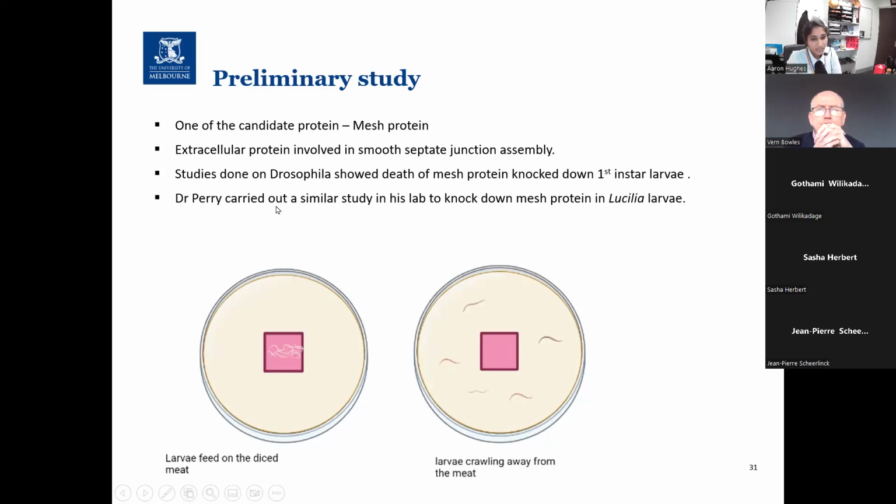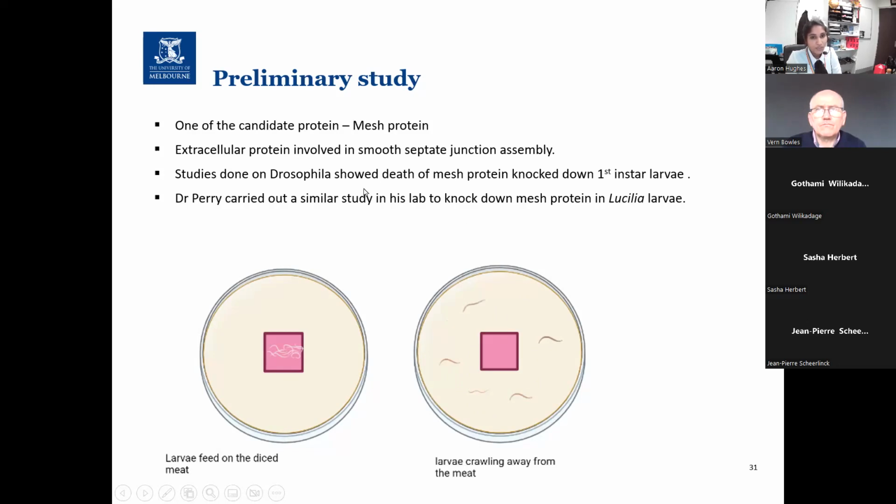So Dr. Perry carried out a similar study in his lab using the mesh protein, and what he observed is that the first picture shows the larvae of the control group, feeding happily on the meat, and the second picture shows the larvae with the mesh protein knocked down, and these larvae, instead of feeding, are crawling away from the meat.